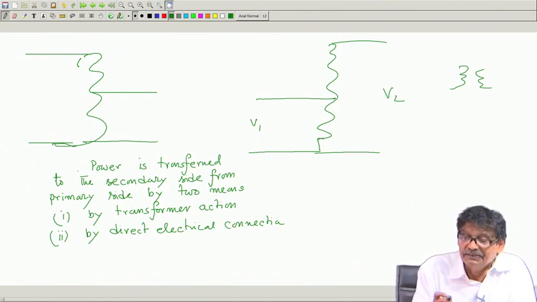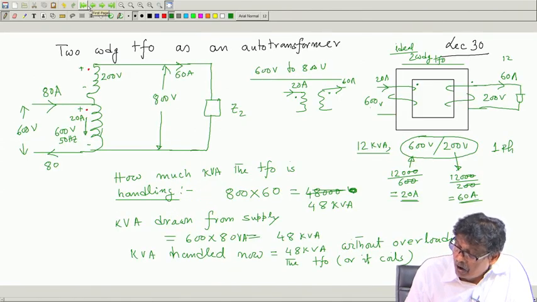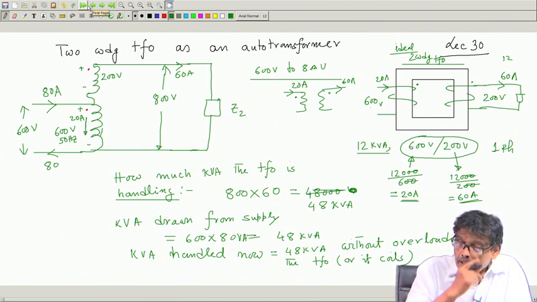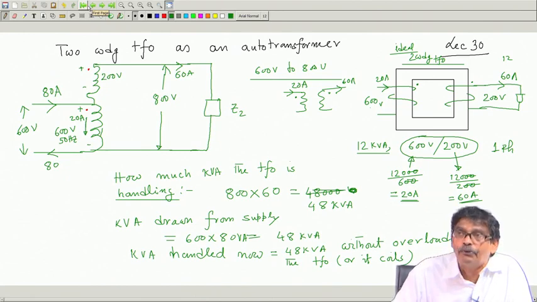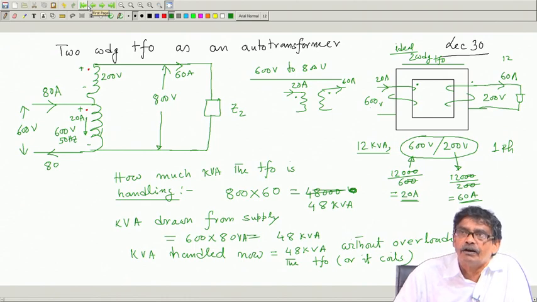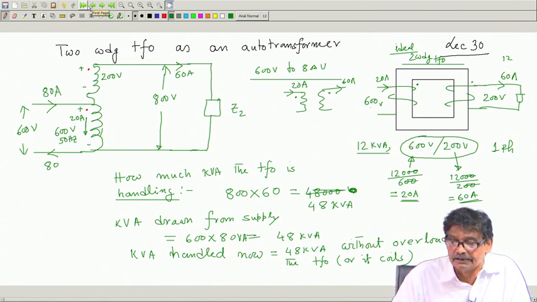Now, the question is how much. Therefore, it looks like out of this 48 kVA, a portion is transferred because of magnetic induction by transformer action, and the remaining portion must have been delivered because of direct conduction of power from primary to secondary side.